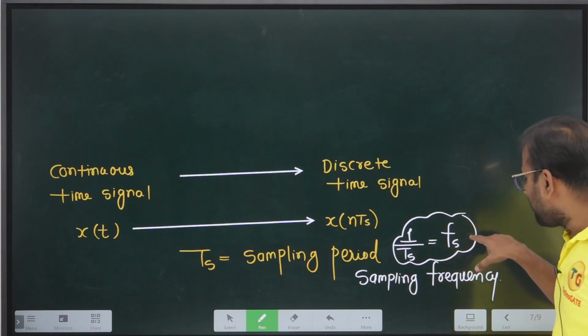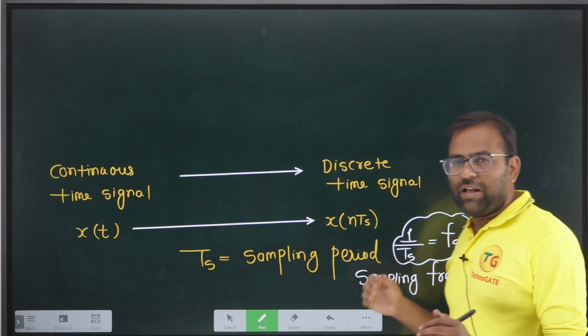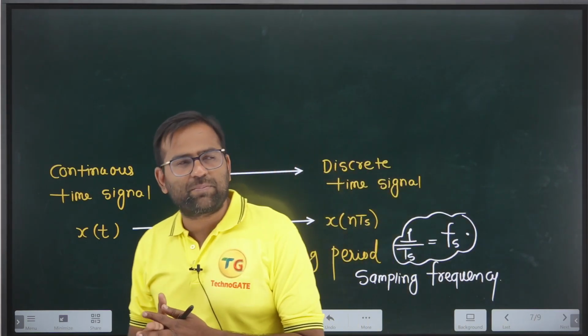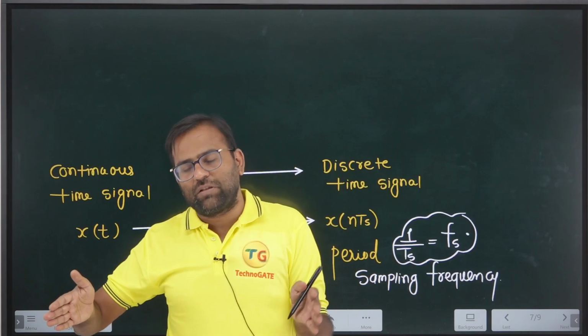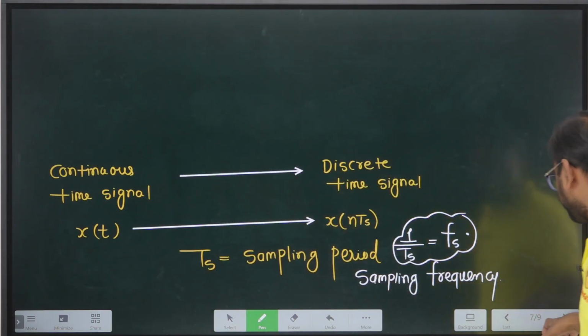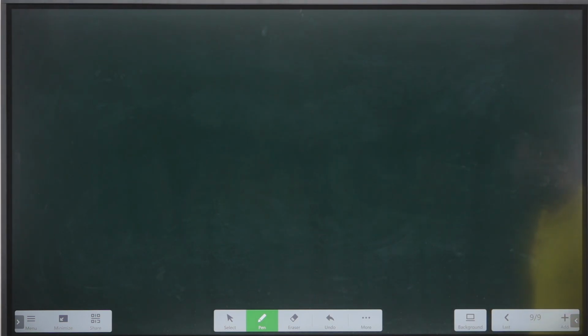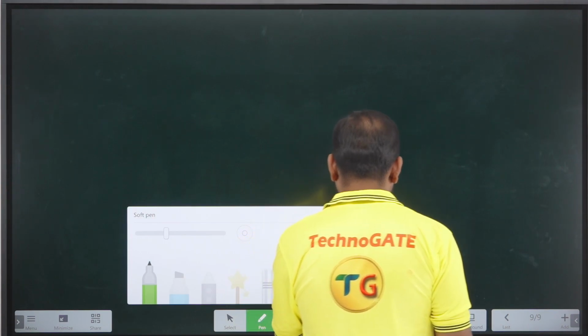That's why there is a limit for fs. What is the idea? If the value of the sampling frequency is as high as possible, meaning the more samples you take, the less noisy the communication will be.